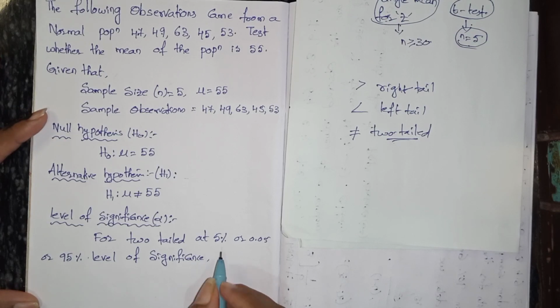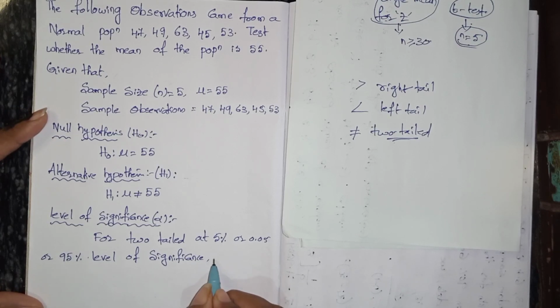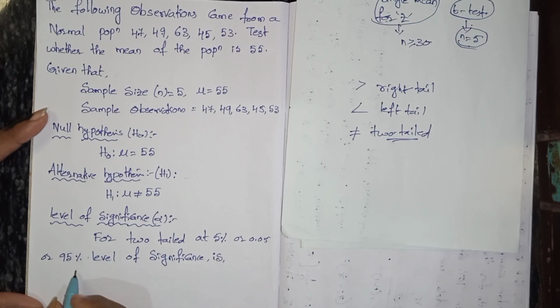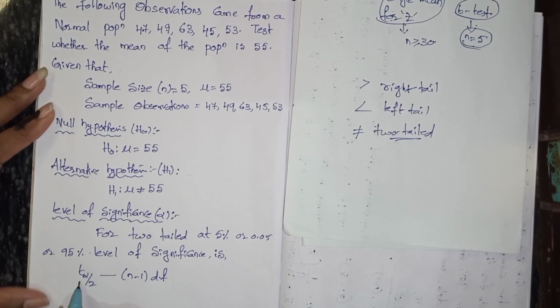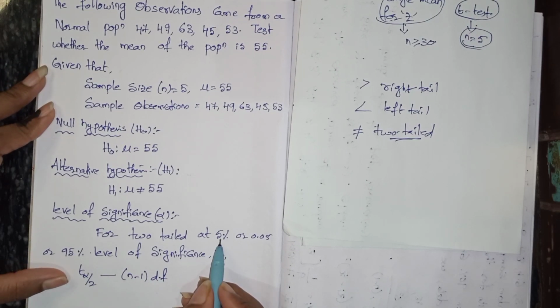Here we have to use t alpha by 2 with n minus 1 degrees of freedom. Here alpha in the sense we have to take 5%, or 0.05. So I am taking t 0.05 by 2.